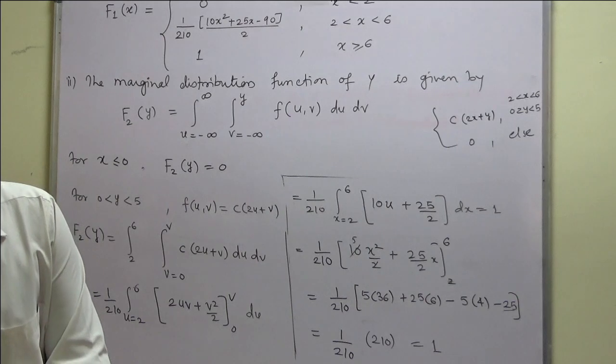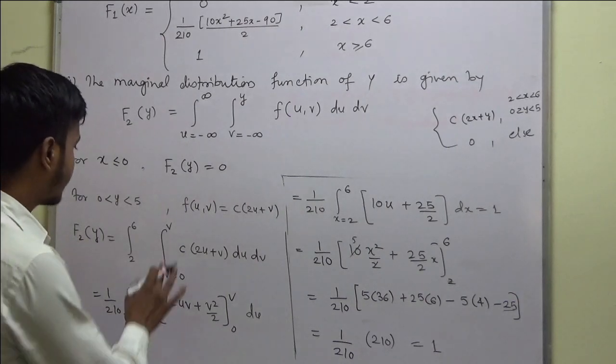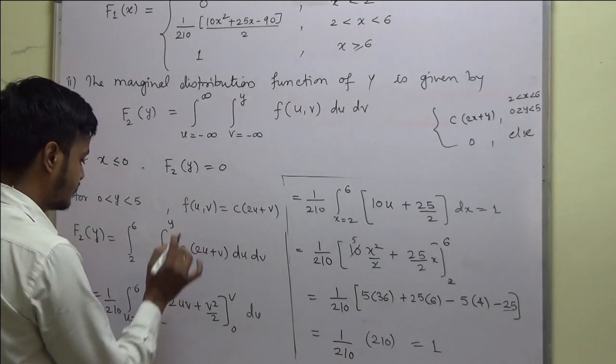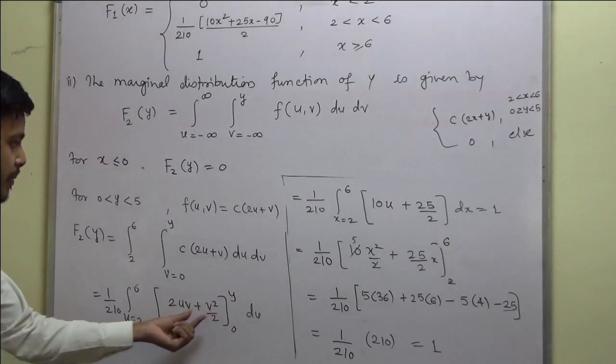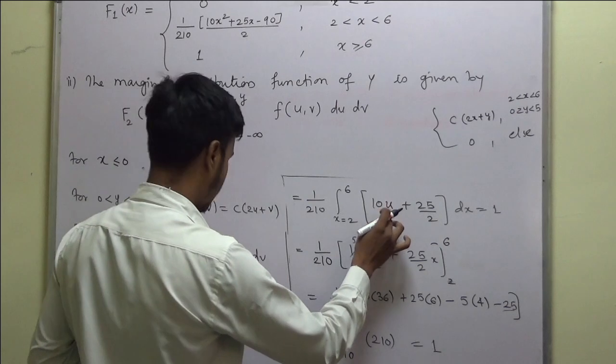I think it's y, not v, sorry. Now when you apply the limits you'll be getting 2 times 10 u y.